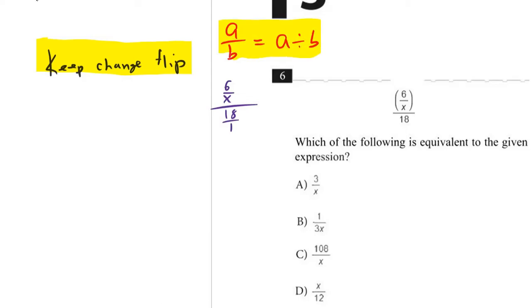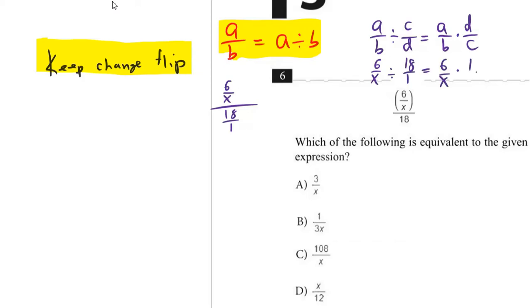And so now the keep, change, flip part of this basically says that if I have a over b divided by c over d, then that's the same as a over b times d over c. And so if we had 6 over x divided by 18 over 1, that's the same as 6 over x times 1 over 18.